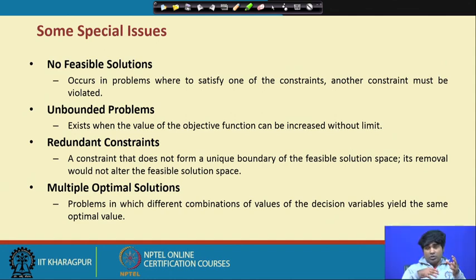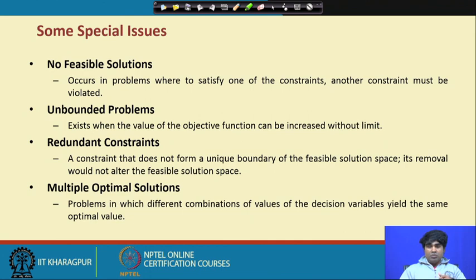Sometimes we may have objective functions, maximization or minimization, and the constraints may be consistent, or some kind of mixture, and still we may not every time get a feasible solution. So, we like to know what the specific cases are where you may have no feasible solution, irrespective of the objective function and the constraints. And the second special issue is that sometimes the problem is unbounded type.